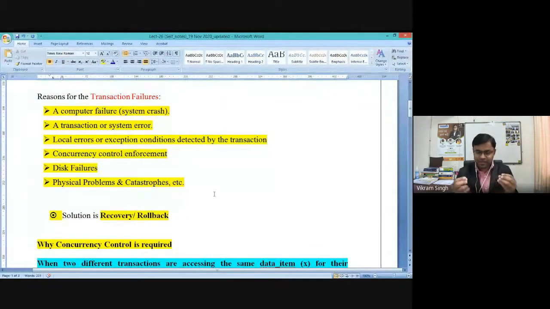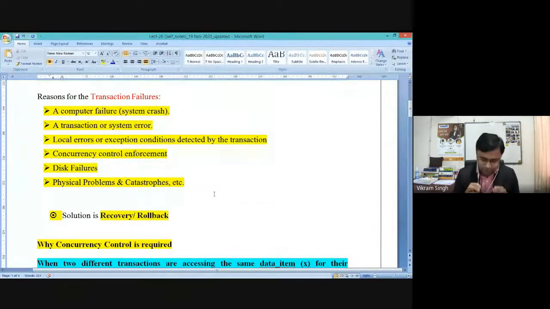Whenever two transactions, two users, are trying to retrieve or update the value of data item X, which is common between the transactions, it is critical that the failure of one transaction may lead to an incorrect value of X, right?